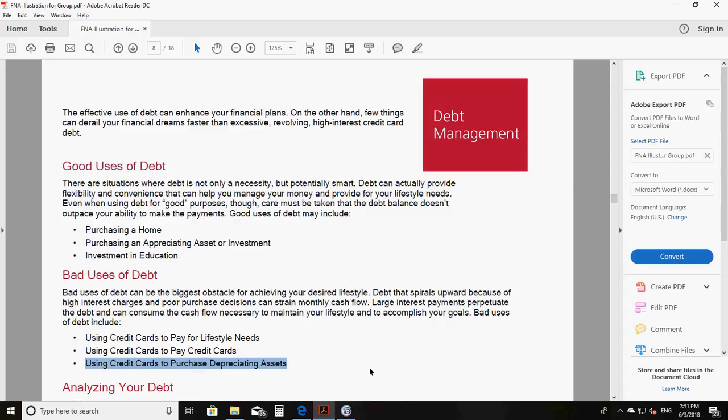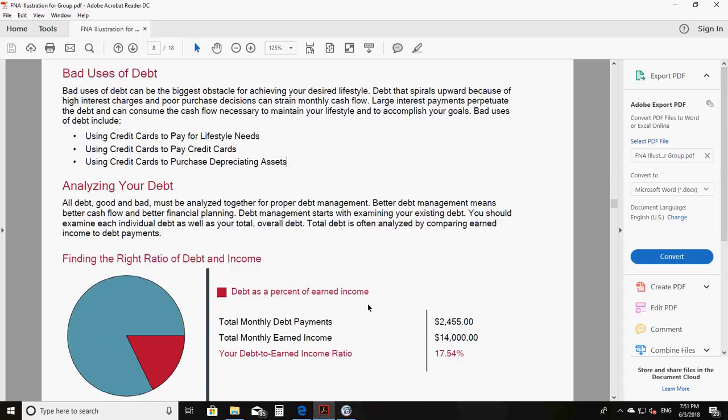Either something's totally 100% consumed, or it depreciates pretty close to zero, and we're still making those payments at 15, 18, 21% on the credit card. So be mindful about what's going on and help your clients be mindful of how debt is used and whether it's good or bad, and no matter what, making sure we're not over-leveraged.